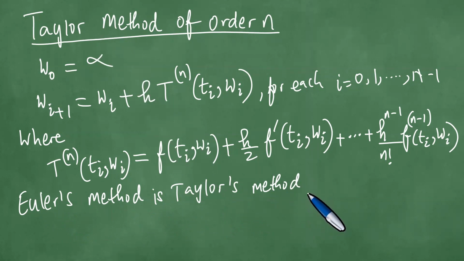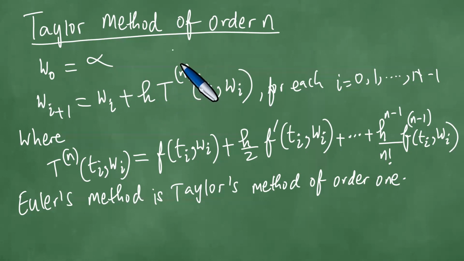So Euler's method is simply Taylor's method of order 1, because in the case of Euler, we're just taking the first derivative.